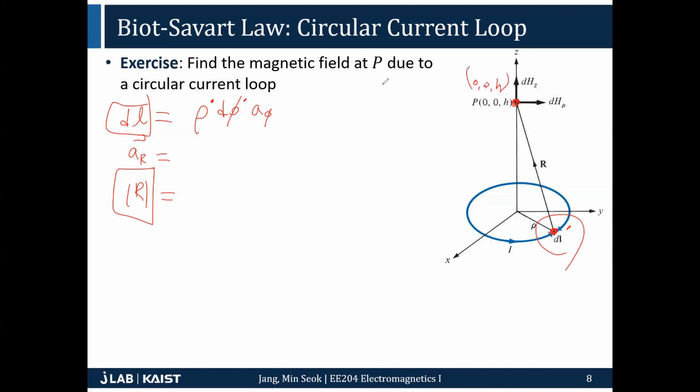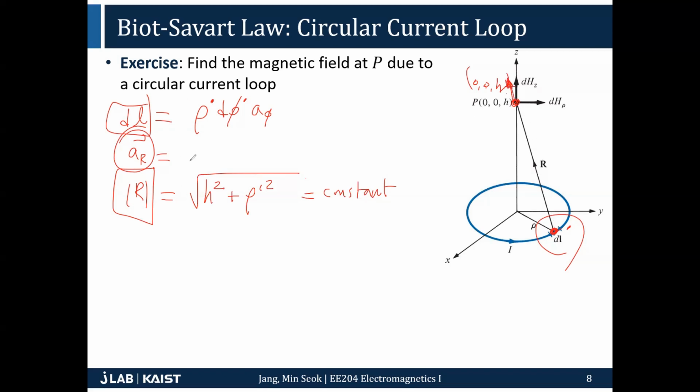In this case, R is H squared plus rho prime squared, which is constant. It does not depend on source position. And what about a_R? a_R is from source position to the position of interest.